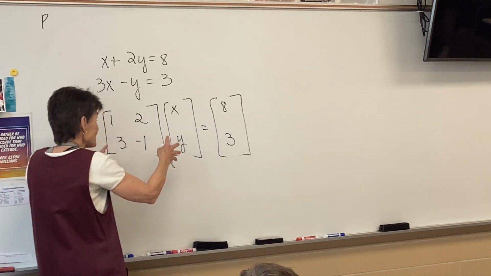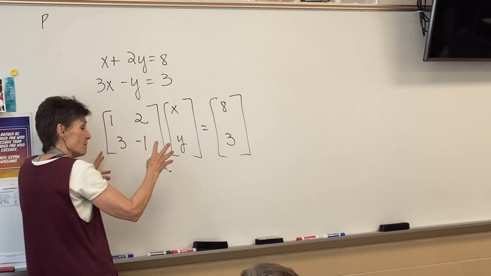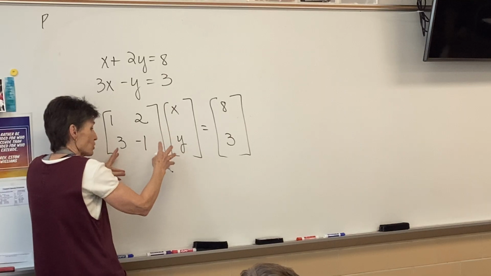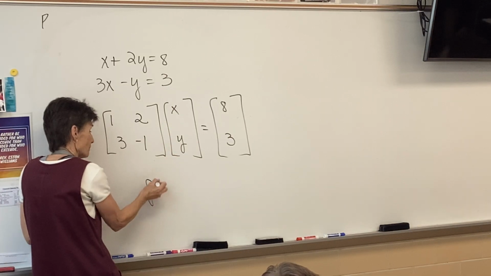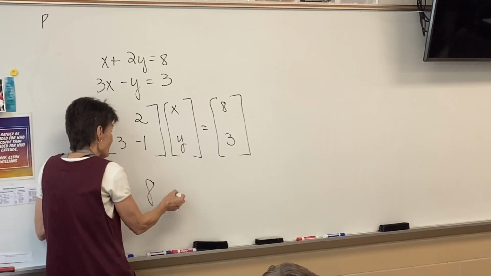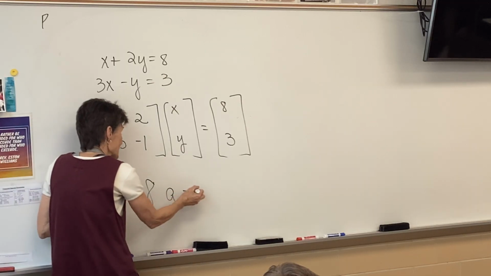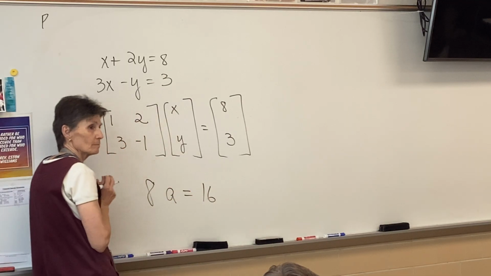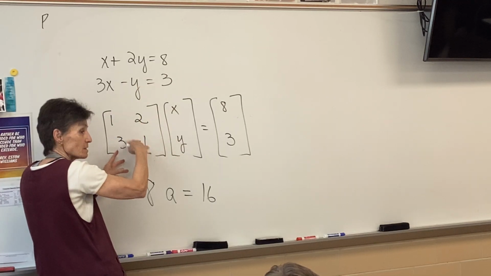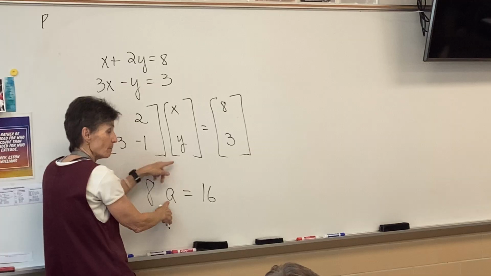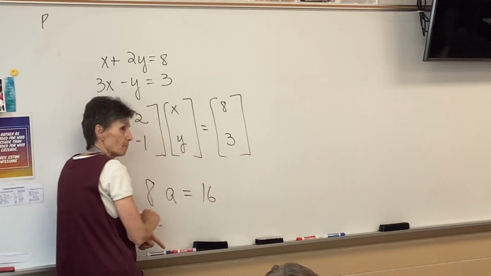Now, this equation, just go with me for a second, is like having a number times a variable equal to another number. These are the coefficients, this is the variable, this is the equals number.